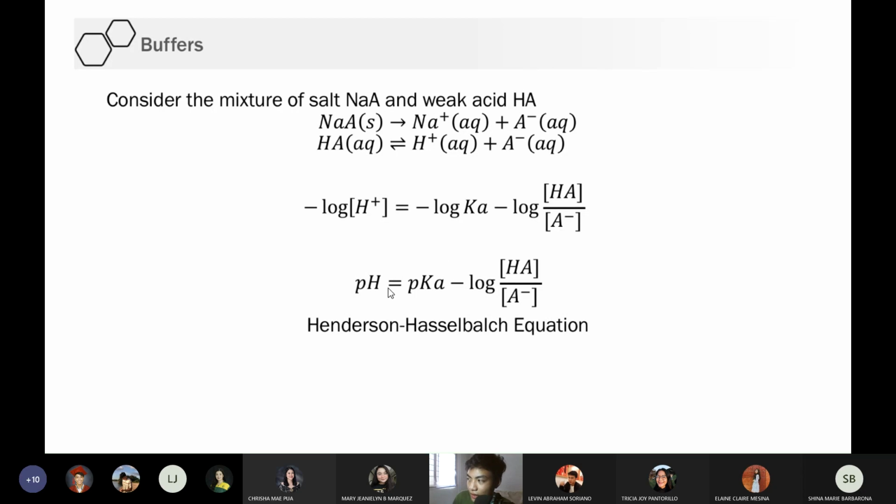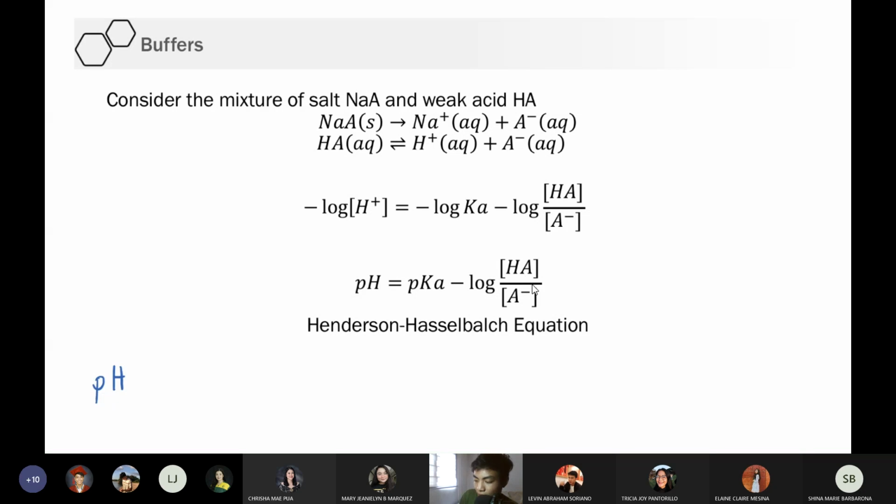Another form of the Henderson-Hasselbach equation ay positive itong nasa gitna. Kasi baka isipin nyo, nasa textbook pa si sir, positive to, tapos baliktad to. Same lang ba yun? Same lang. Okay. So, pakita ko yung other versions ng Henderson-Hasselbach. So, the other version is positive to because reciprocated ito.